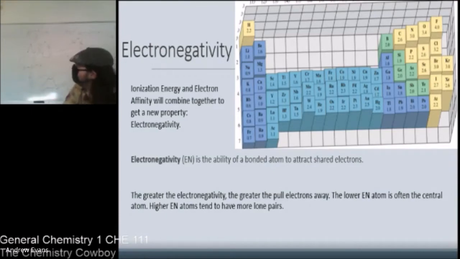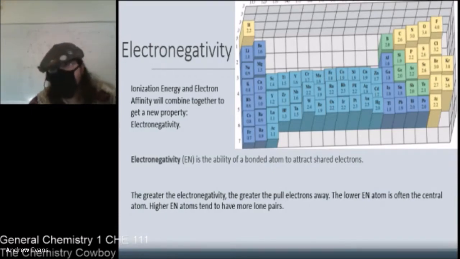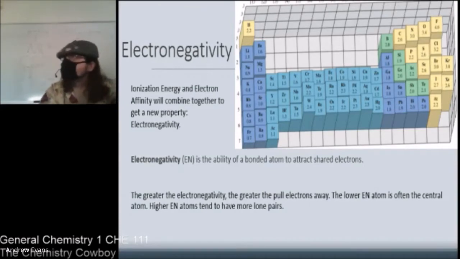You can see the metals down there, very low. You can see the nonmetals typically high, and it spikes up at fluorine. Fluorine has the highest electronegativity. Remember, fluorine had the highest ionization energy, meaning it was least likely to lose an electron.